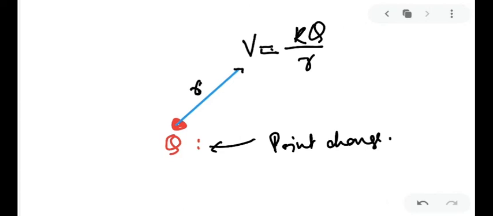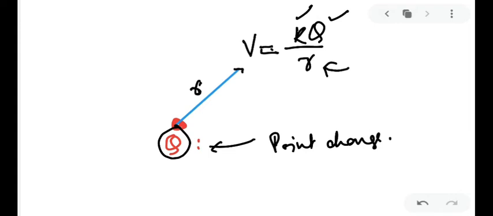As you know, k is fixed, q is already fixed. Then the only variable that dictates the potential is the radius, the distance from the charge to that point.